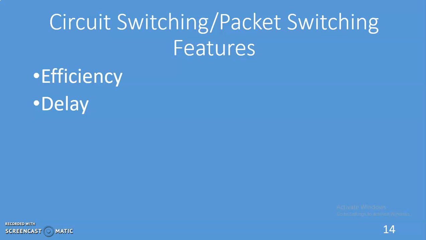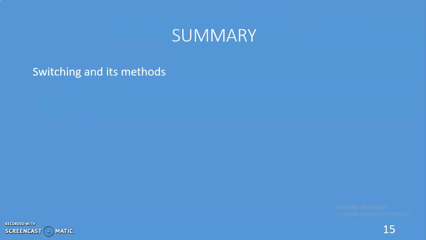So packet switching is more efficient and has less delay because it uses full duplex mode to send the data. But circuit switching is less efficient and has more delay because resources are reserved all the time.